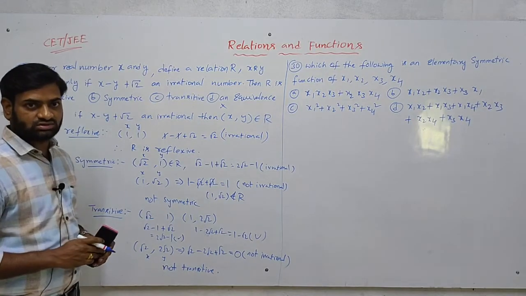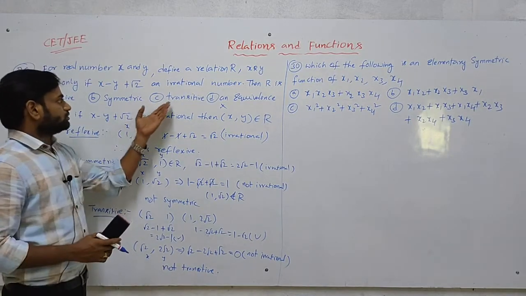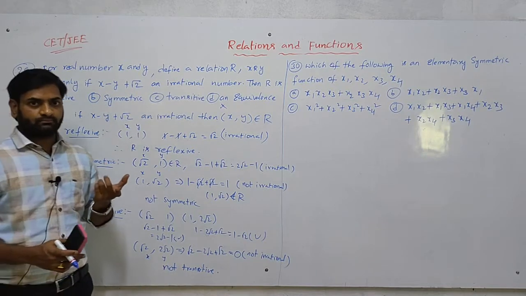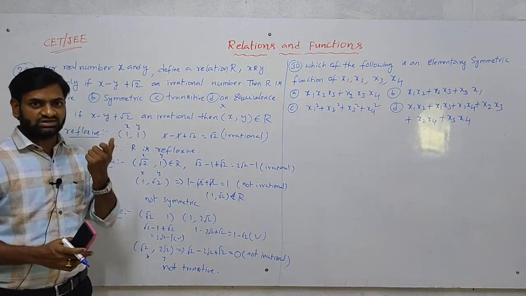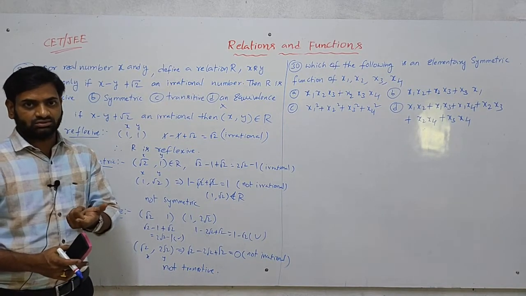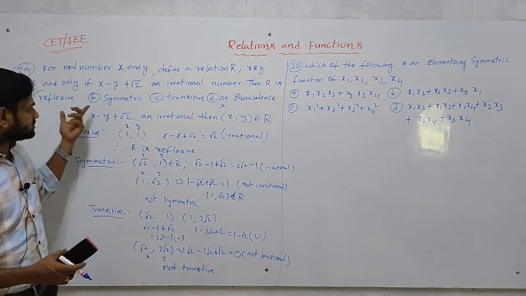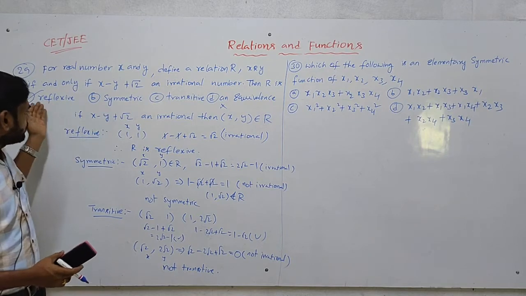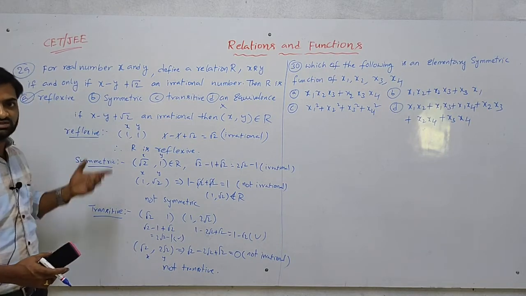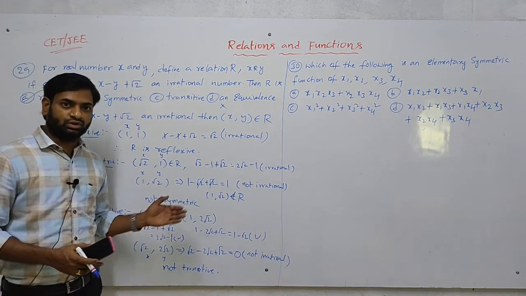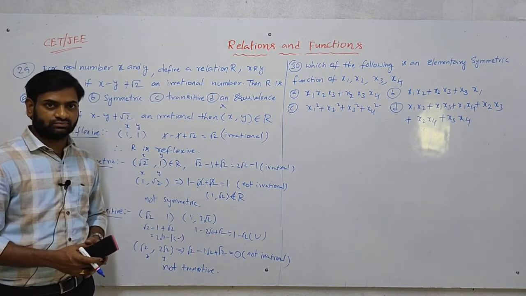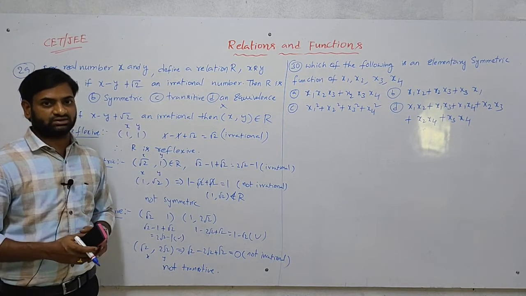So it is one choice. In CET, the answer is only one; these are one-answer questions. So we already got the answer, that is reflexive. No need to go for transitive. That is the time-saving factor.